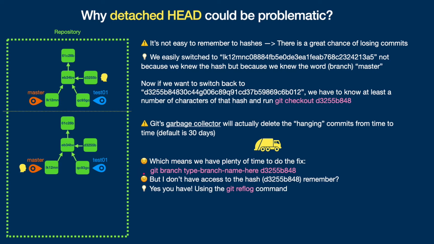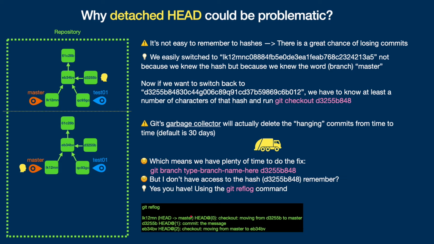How? By making a new branch and having it point to this commit. Now you might say, but I cleared my command line and have no idea what the hash of that commit is, and git log doesn't output that, so it's gone. No, we still can use the git reflog command to find that out.